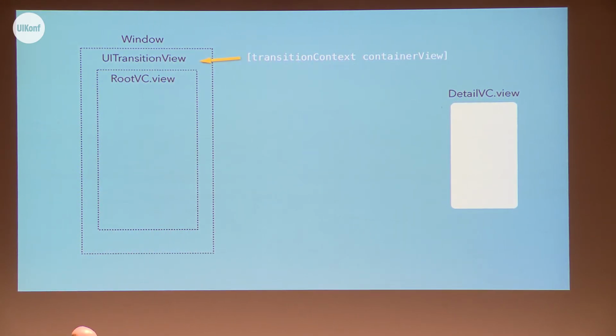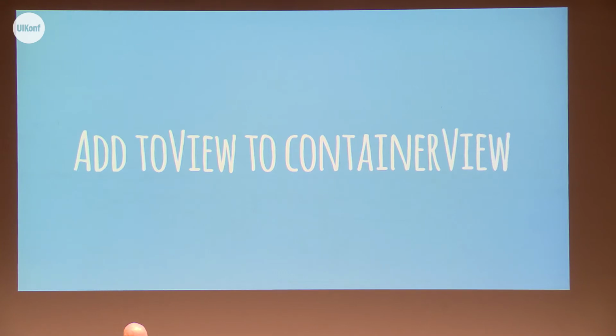In this example, we're calling it the root view controller. That's already in the hierarchy. You don't have to do anything. But the view you're presenting isn't in the hierarchy yet, so it's your job as the transition creator to add it. That's one of the first things you do: add the to view to the container view, set its initial state, animate it to the final state, and then complete it using that transition context parameter I was talking about.